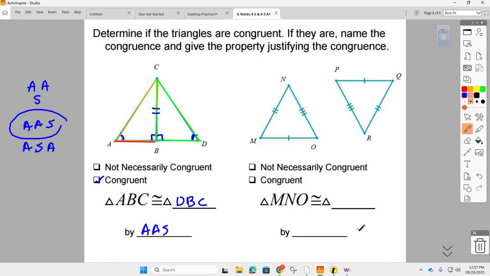Side MN is congruent to side QR. Yep. Anything else? Yeah. Side PQ is congruent to side OM, right? Uh-huh. And it's PR.